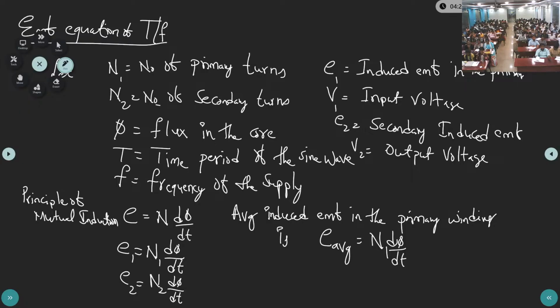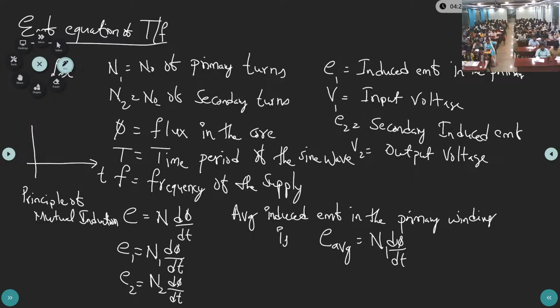Now what is the value of dφ and dt? dφ is nothing but the difference of flux, and dt is nothing but the difference of time. In AC, this is the flux versus time graph.